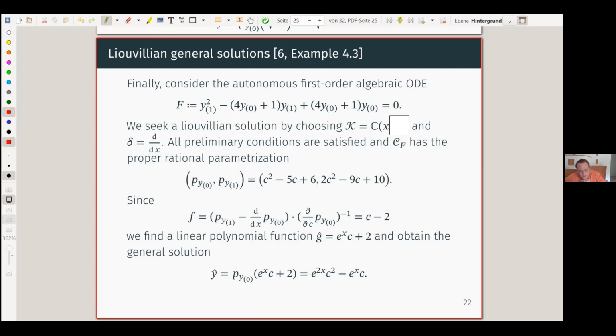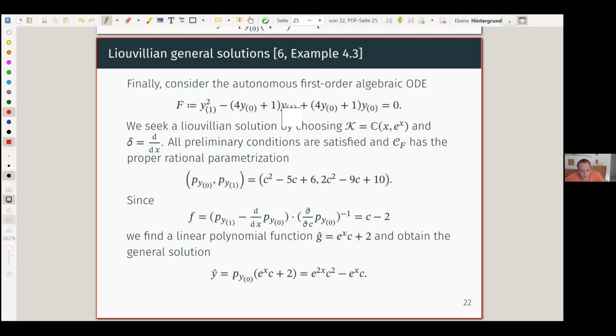And actually the choice of this field, it doesn't influence the parameterization much. So for this step, you will need just the smallest field over which your polynomial is defined, and might have to extend quadratically at most.